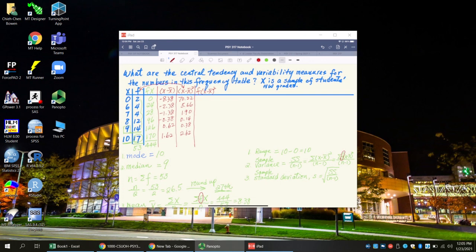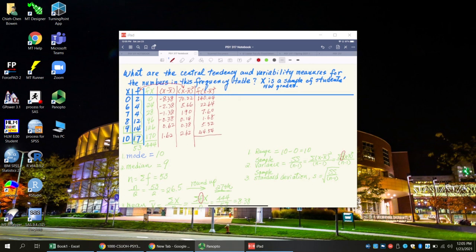If you don't grab the right number, you won't have the right answer. 140.44, 22.64, 7.60, 1.68, 5.32, 17 times 2.62 is 44.54.